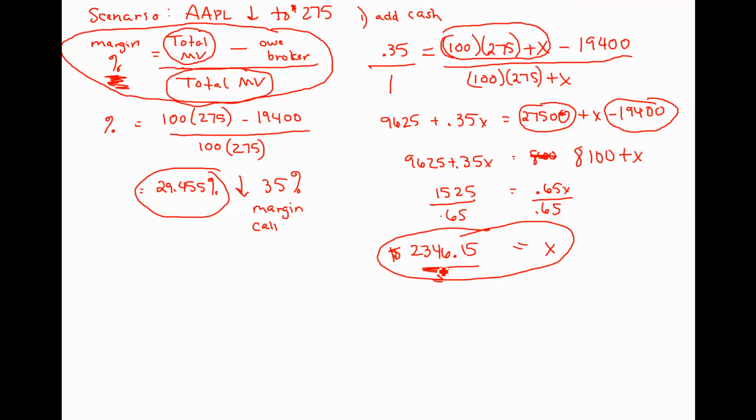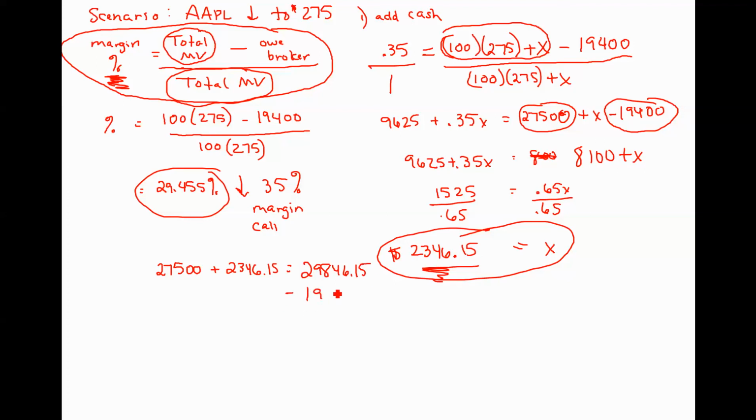Once I add this 2,346.15, my account will be worth the 27,500 of Apple shares plus the 2,346.15. So my account would be worth a total of 29,846.15.